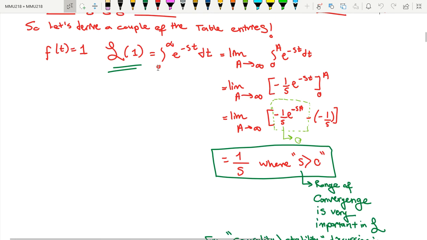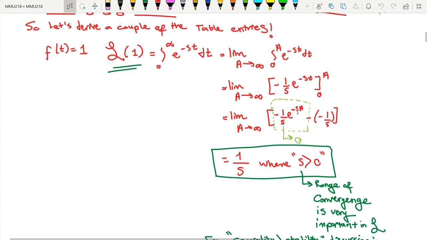And t, remember, is larger than or equal to 0 for our kernel to be defined. That's a necessity. And as a goes to infinity, this integral comes out as minus 1 over s e to the minus st, from 0 to a. And as a reaches infinity, let's see what this whole thing goes to.